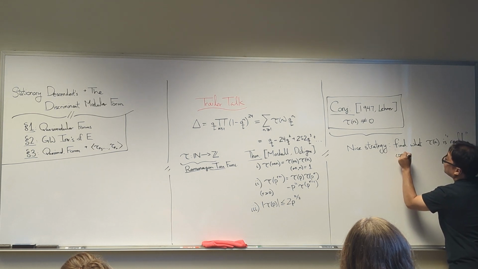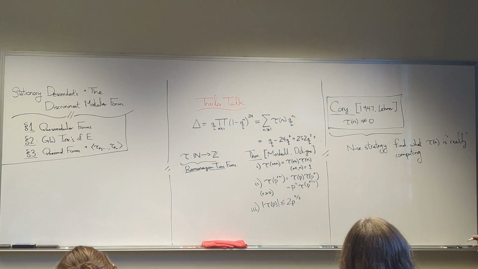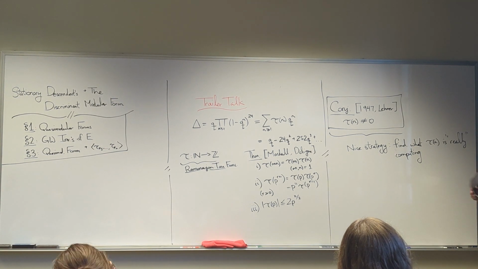Can we find either a combinatorial interpretation of tau of n or some other number theoretic interpretation of tau of n?